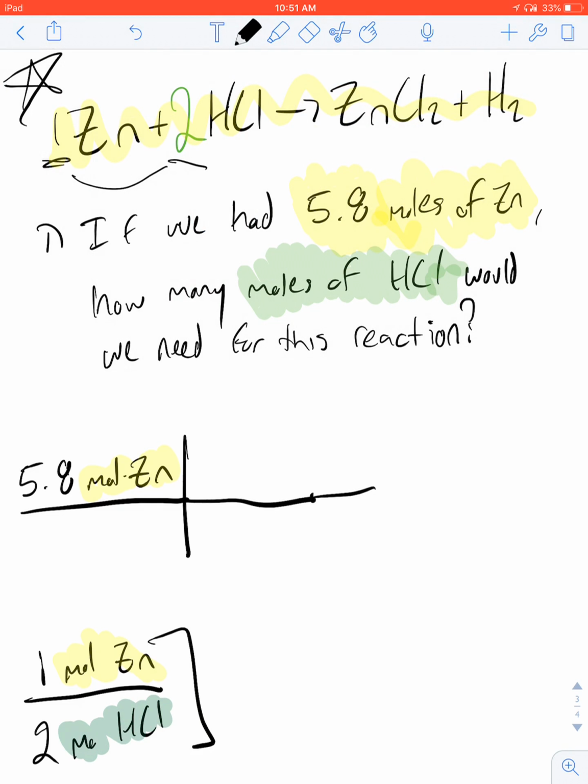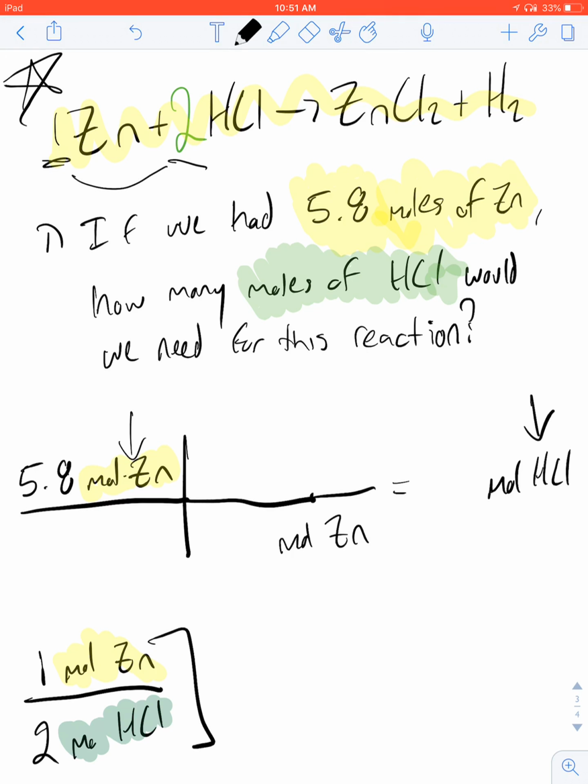So we know we want to end up with moles of HCl. So that means that units of moles of zinc should cancel out. So in order to cancel out these units of moles of zinc, I need moles of zinc down here. Like I said before, we want to end up with moles of HCl.